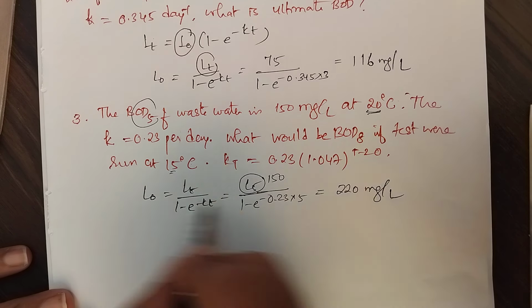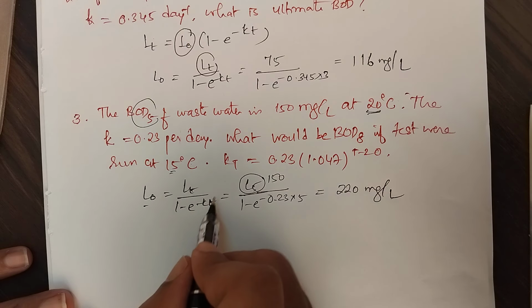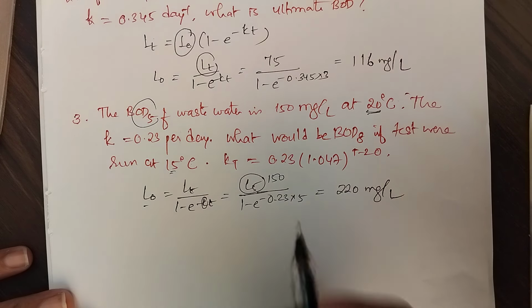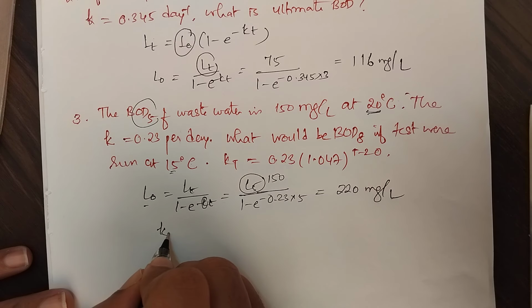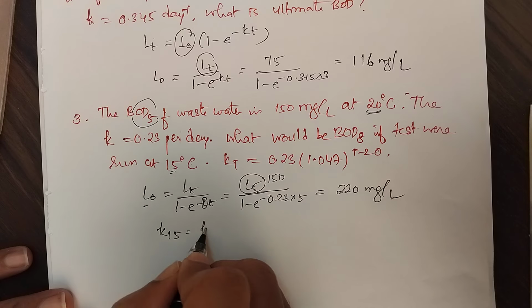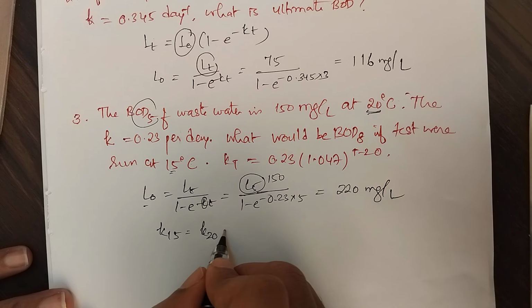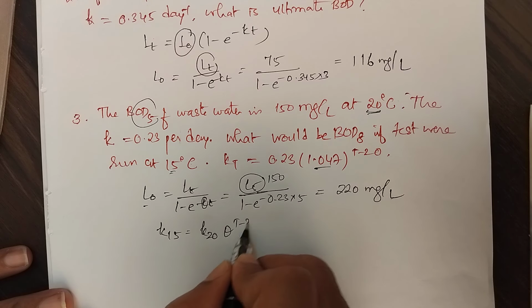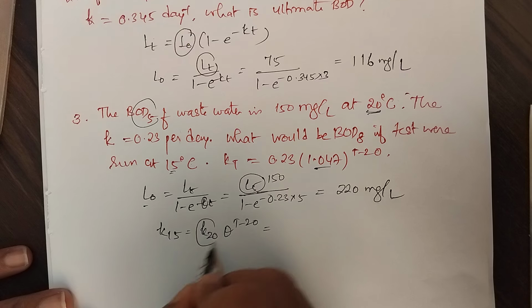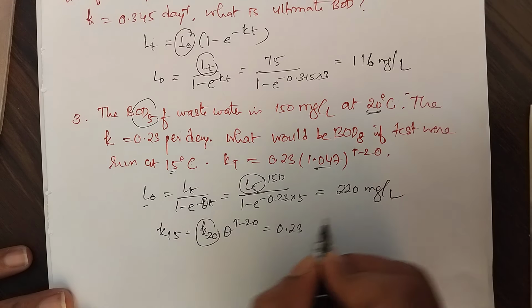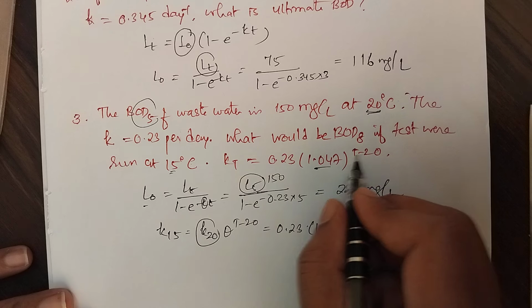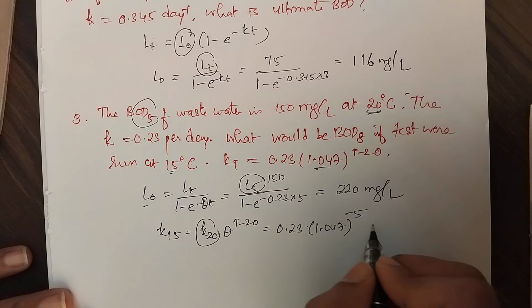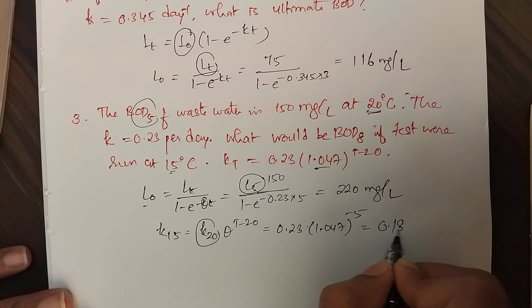So now given the ultimate BOD, you have to calculate K at different temperature. K at 15 would be K at 20 into theta, that is 1.047 power T minus 20. K20 is 0.23 into 1.047 power minus 5. So this would be around 0.18.